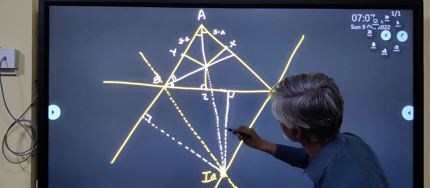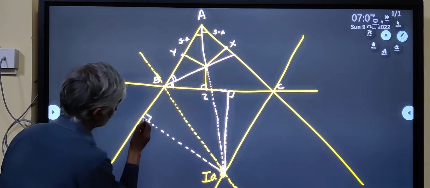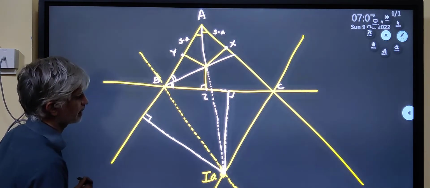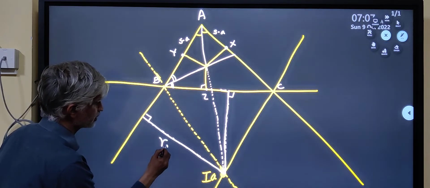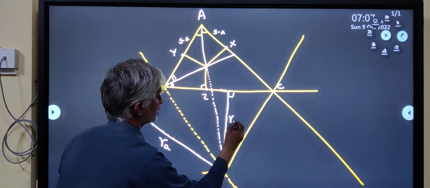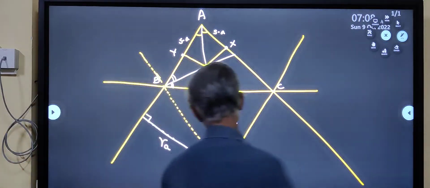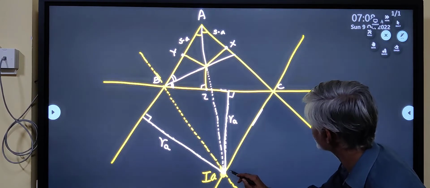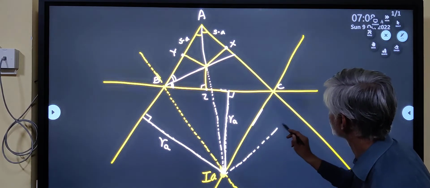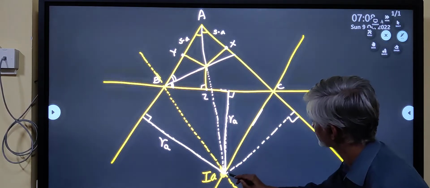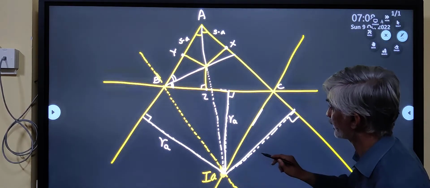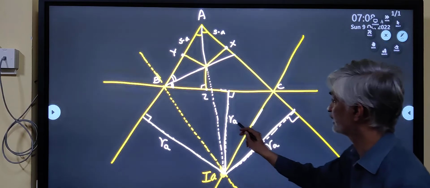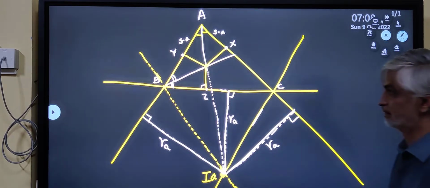So these two lengths will be equal, because IA lies on the angle bisector of this angle B. So let's just call this RA and RA. But because IA is also on the angle bisector of C, the perpendicular distance of this point from this line will also be equal to RA, and so all these three lengths are equal and I'm calling it RA.